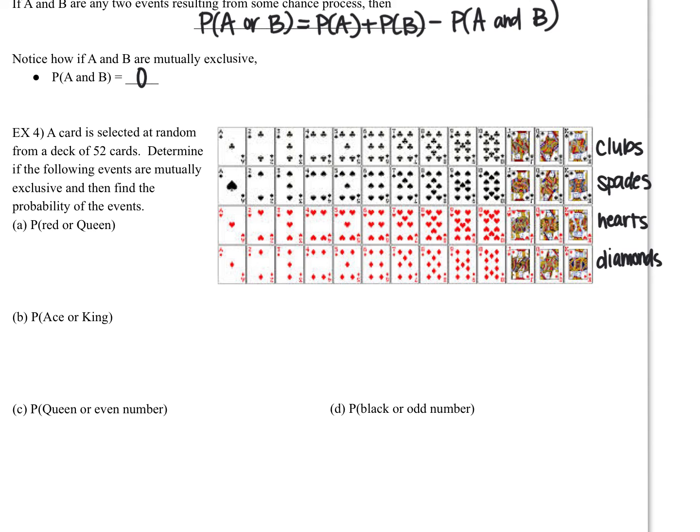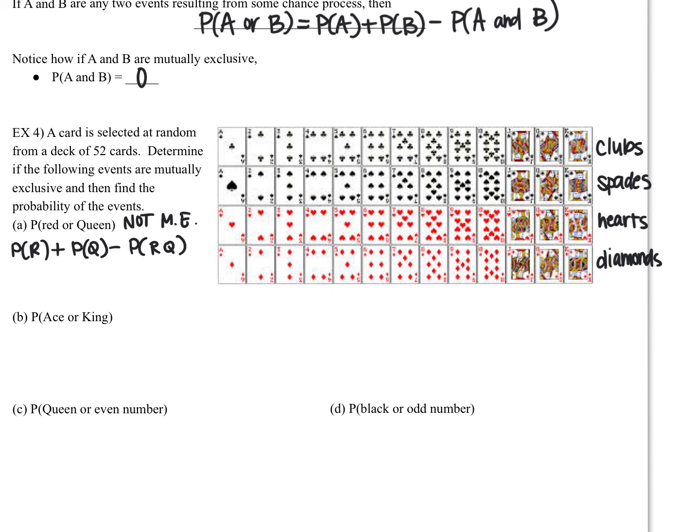So the first one is the probability of getting a red or a queen. First we have to determine, are these mutually exclusive? Basically, can I draw a red queen? And the answer is yes. So they are not mutually exclusive. So we have to do the probability of red plus the probability of a queen minus the probability of a red queen.